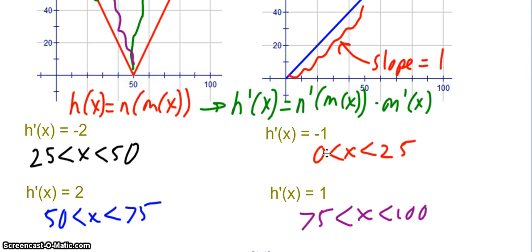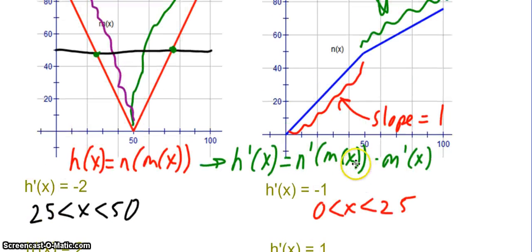Now, with a little more trial and error, or guess and check, you're going to start to see how I came up with this range. Because as soon as I pick something beyond 25, so let's pick 30, for instance. So what is m of 30? M of 30 is going to be somewhere here.